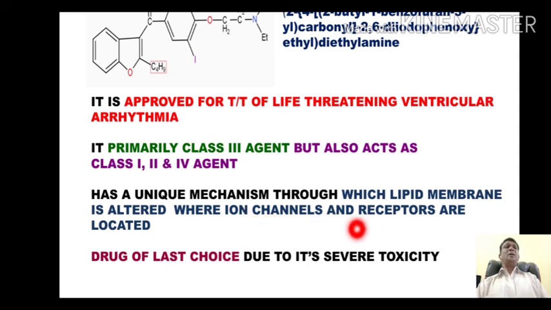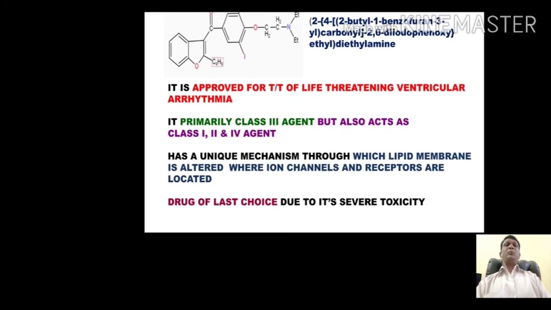Though the permeability of the ion channels is diminished, the entry through all the channels will be restricted, and thus this compound has antiarrhythmic property. Despite these facts, this drug is of last choice because of its severe toxicity profile.